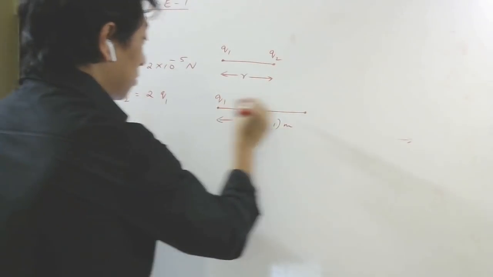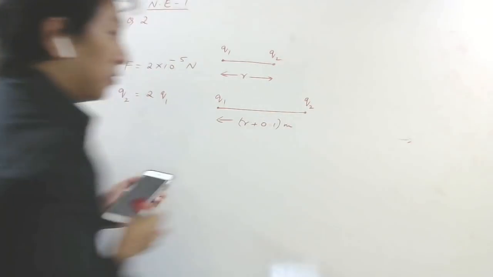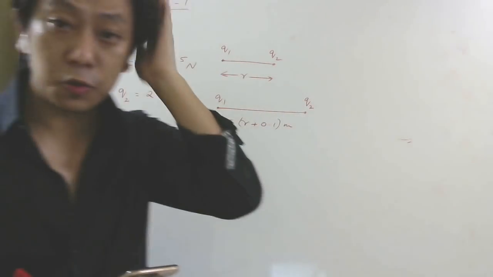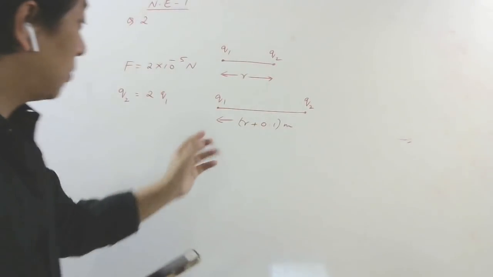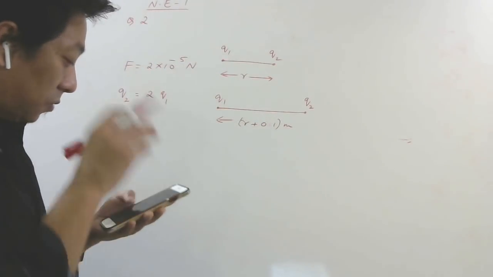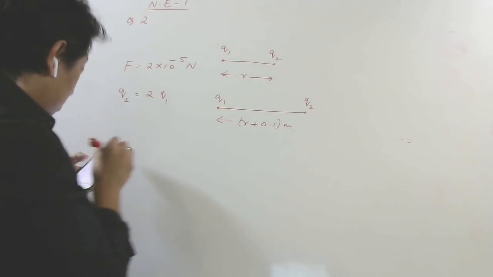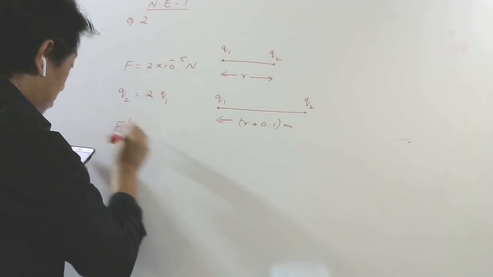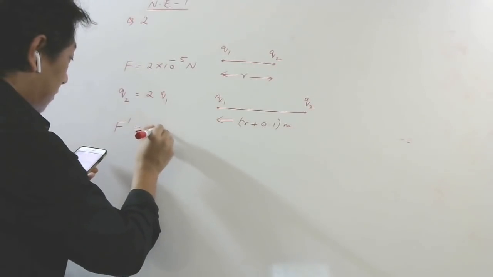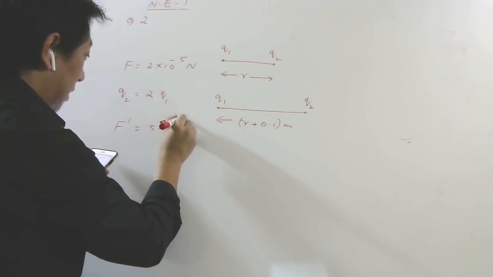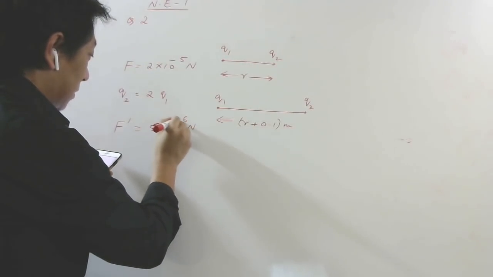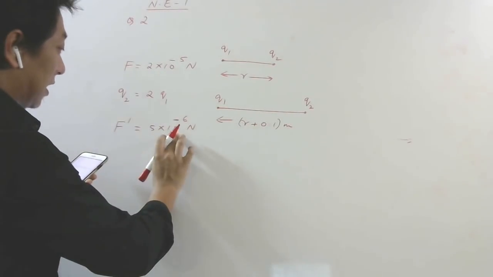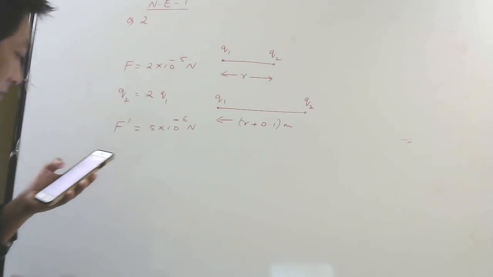Then you know the force should decrease because force is inversely proportional to the square of the distance. So when the distance has increased, the force will decrease, and they said the force reduces. Let us call the new force F dash. So the new force is 5 into 10 to the power minus 6 Newton, which is less than 10 to the power minus 5.